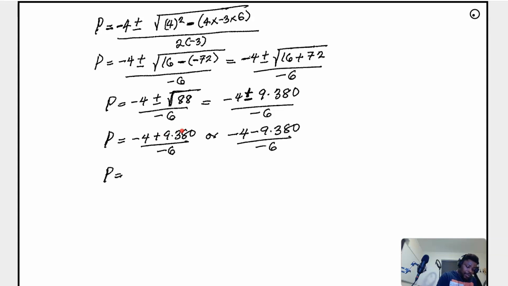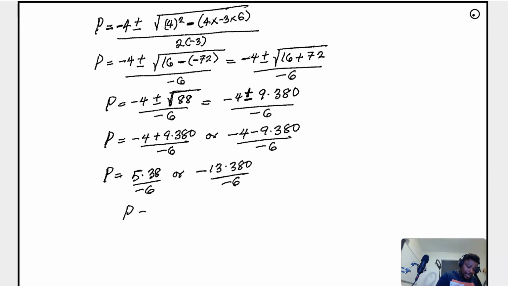So here I'm going to use the calculator. Minus 4 plus 9.380 will give me plus 5.38 over minus 6. Or I will use the calculator here: this is minus 4 minus 9.380, which is minus 13.380 over minus 6.